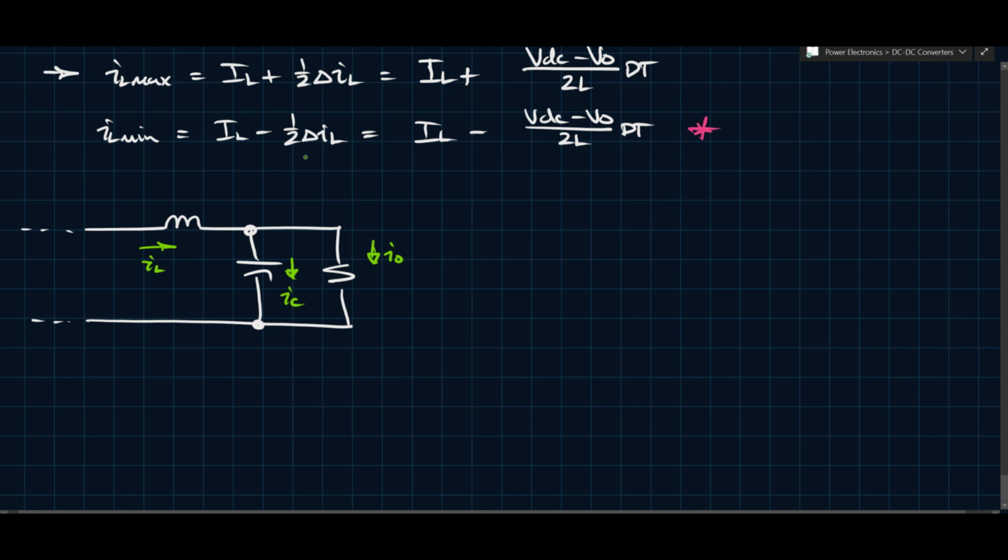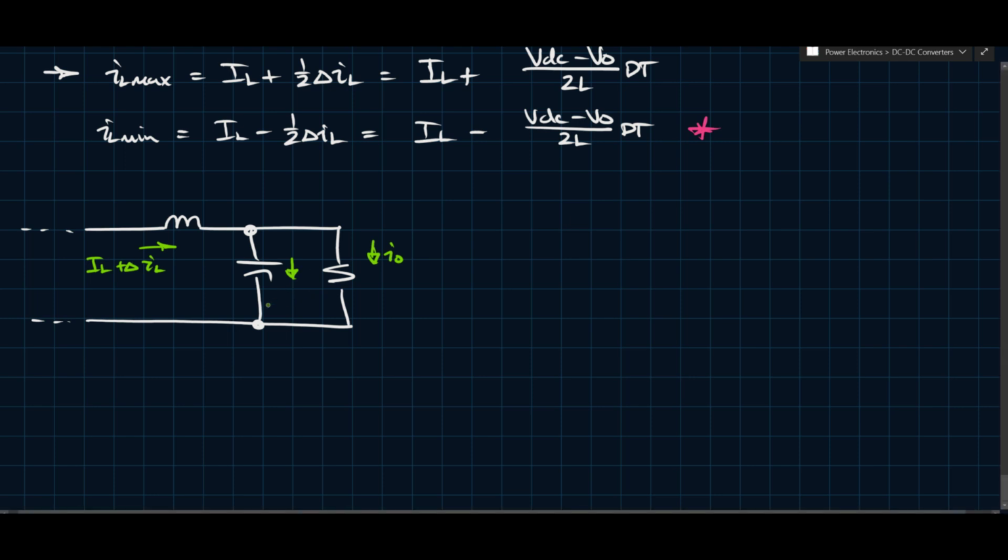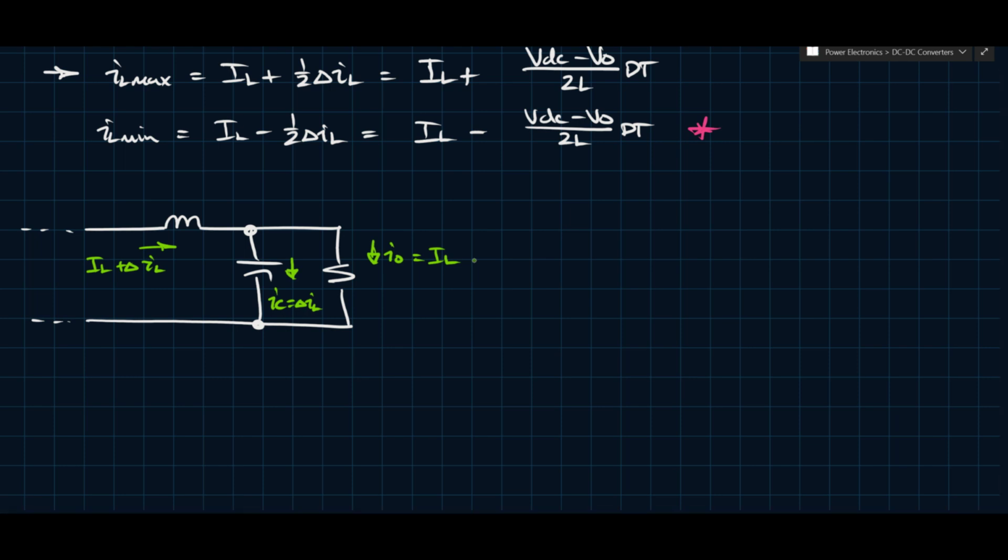In a nutshell, what you have is some average plus some delta. If we pick C properly, then we'll get IC being delta IL, and we'll get IO being IL. So basically your capacitor will absorb the entire ripple, you'll filter all of the ripple from getting to the output, and the output will be purely DC.